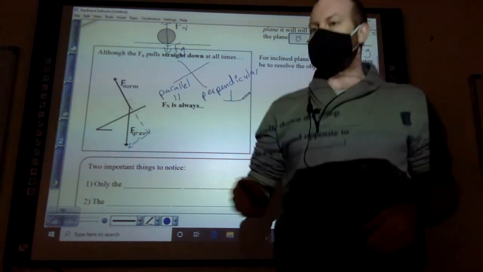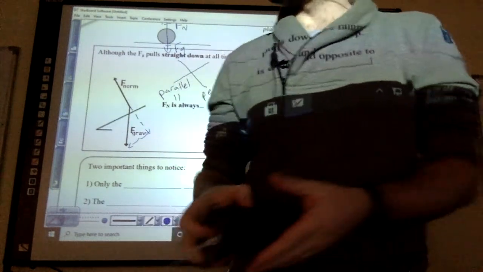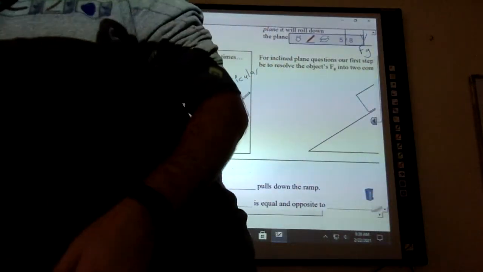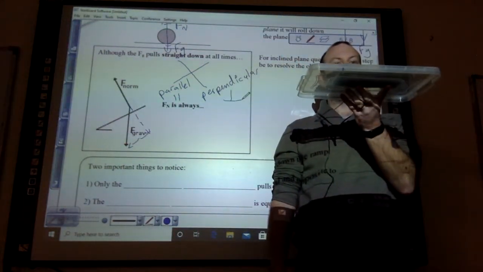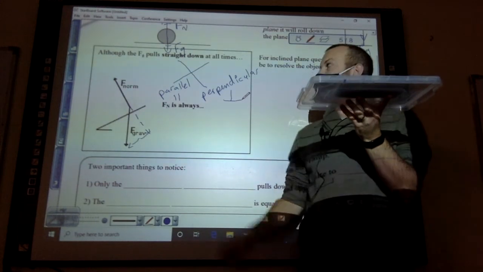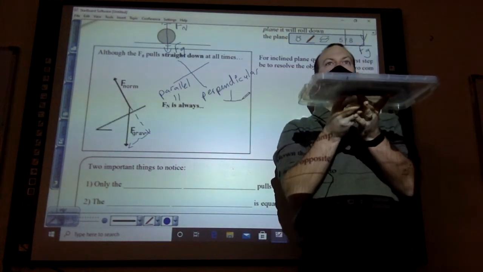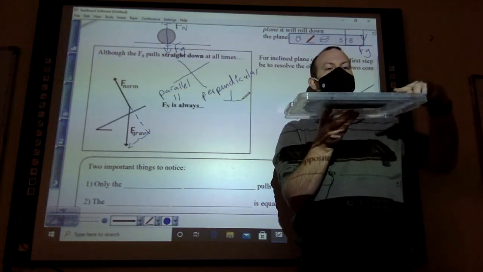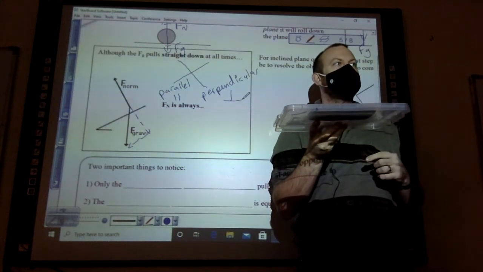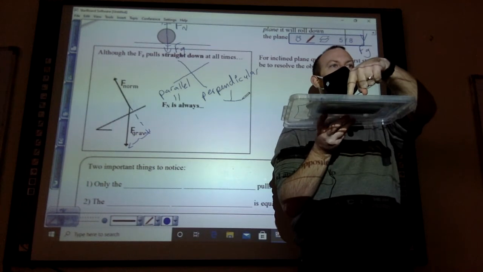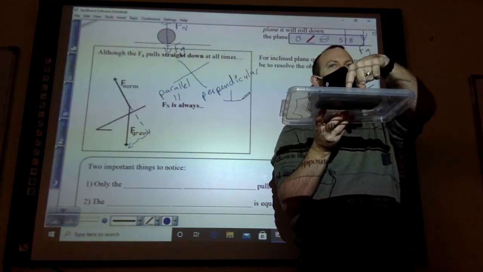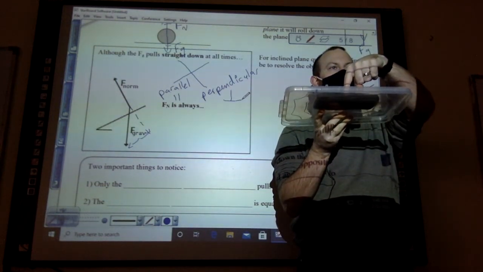We can still consider this if we look at different objects. Let's say I took my calculator and I have it on a surface. I'm still dealing with parallel and perpendicular if I'm dealing with something horizontal, but I can also say it's x, y. If I push down on this, is anything going to happen for movement? No. Why?